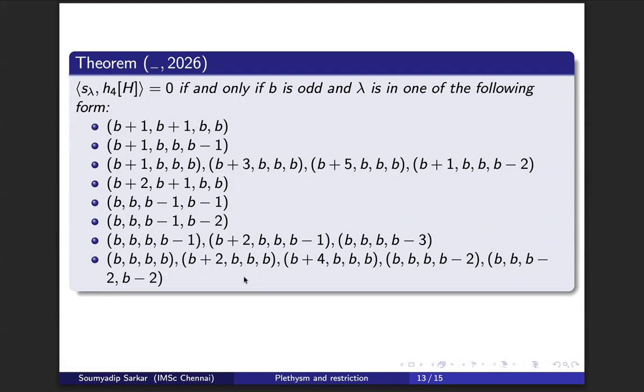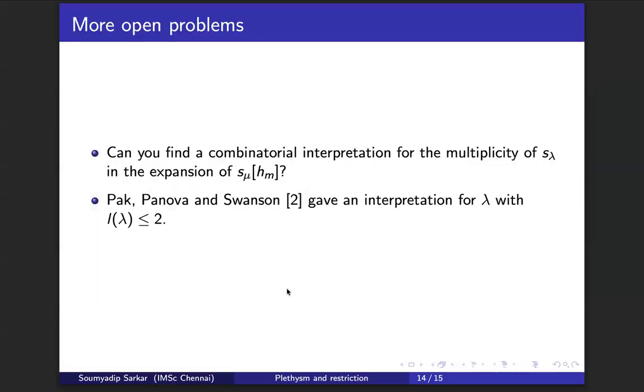Yeah, and so these are some open problems. Can you find a combinatorial interpretation for the multiplicity of S lambda in the expansion of S mu plethysm H m? That is one open question. Recently Park, Panova and Swanson gave an interpretation for lambda with length of lambda less than or equal to 2.